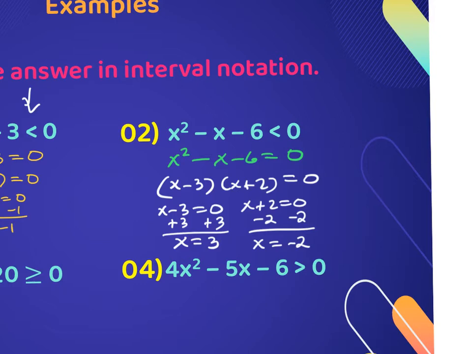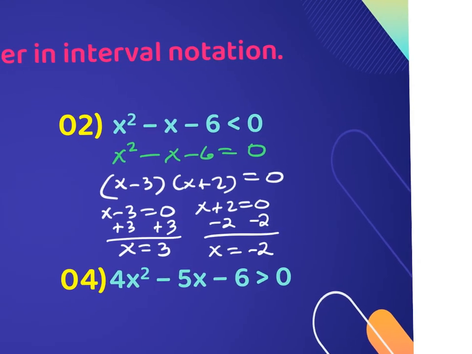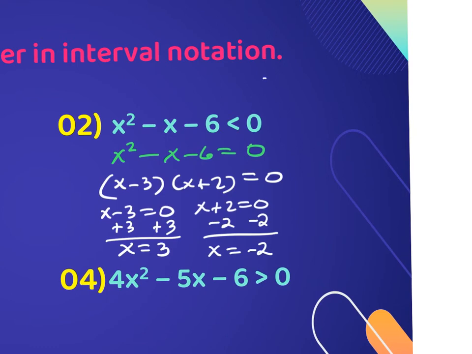I'm now going to add these two numbers to my number line. When you add them to your number line, remember to put them on here least to greatest. So -2 first, then the +3. Again, we need to find a test value.